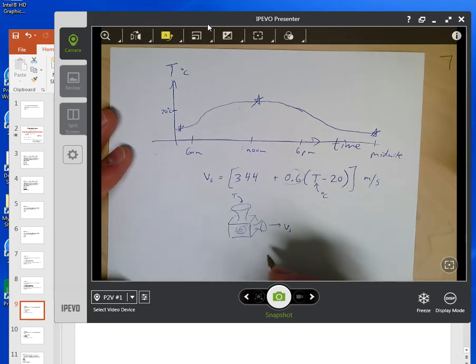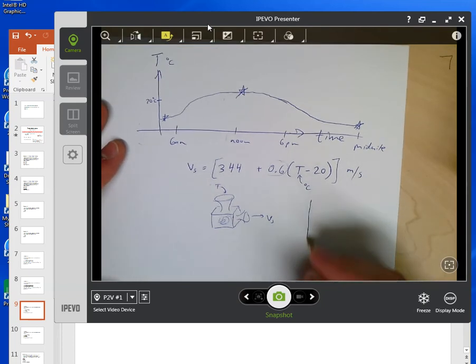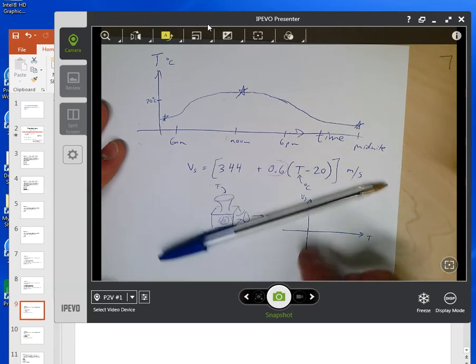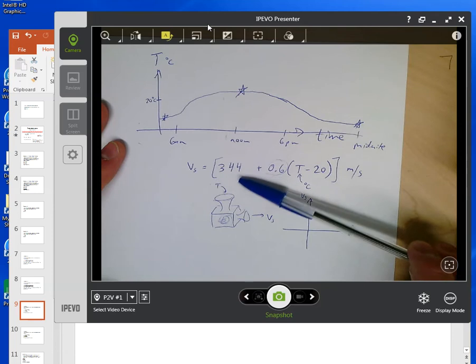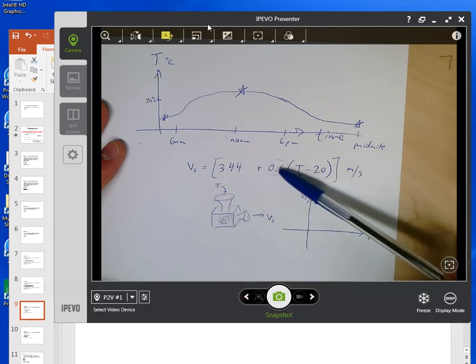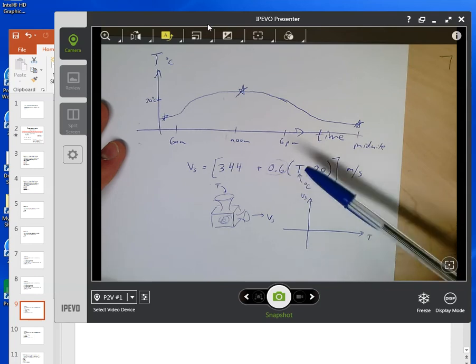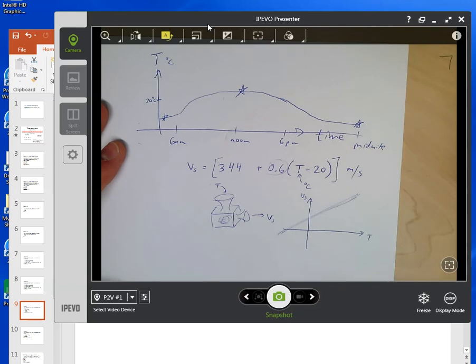So, in other words, it looks to me like if I were to plot this function, it's 344. So here's maybe my speed of sound, and here's my temperature. It looks like there's going to be an overall shifting up because of this 344. And then there's going to be a line that's proportional to T, and then there's an overall minus something. So it should look something like this, I guess. This is the general shape of this thing.